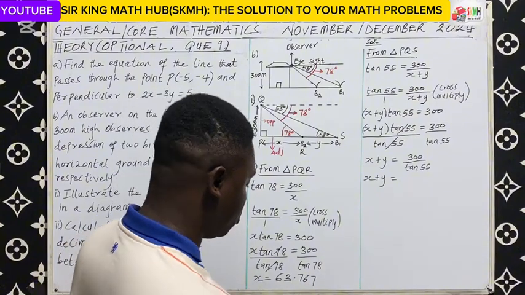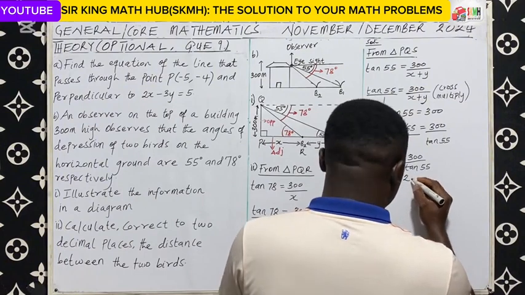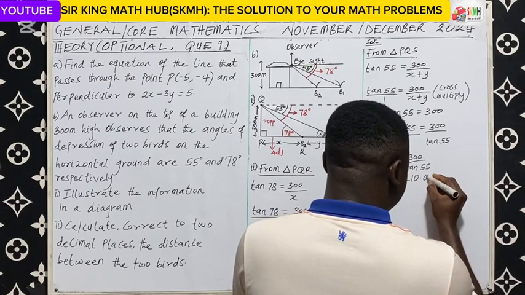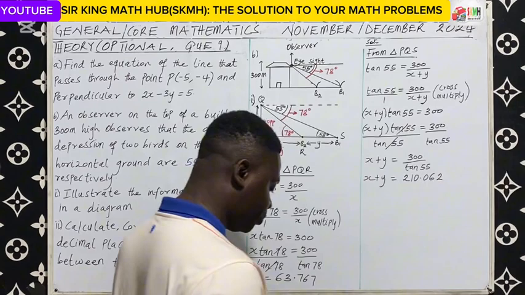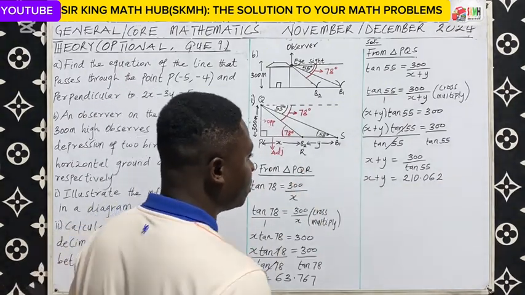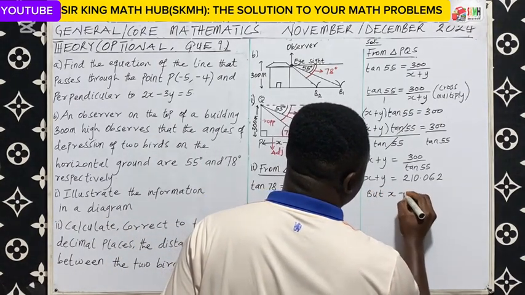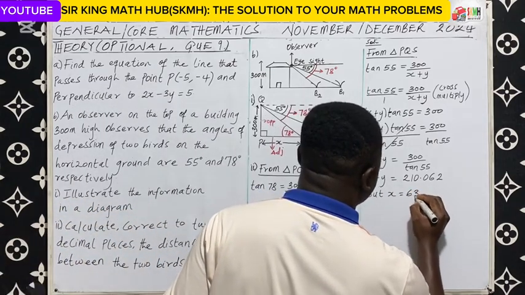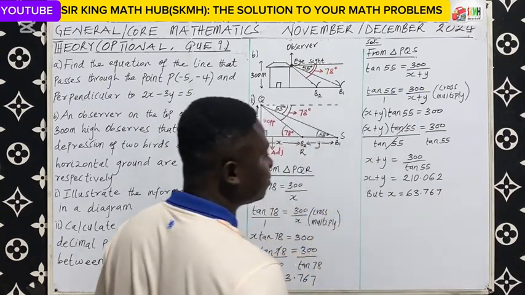Okay, so also to 3 decimal places, 210.062. We are looking for y because y is the distance between the two beds. But what is x? We know that x is 63.767.